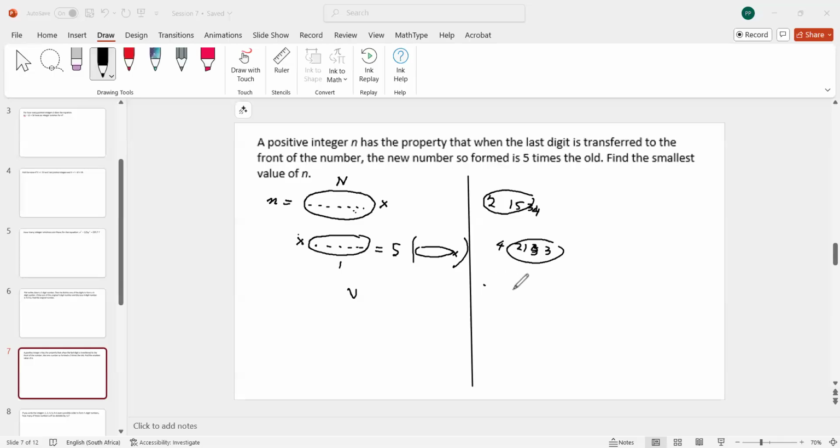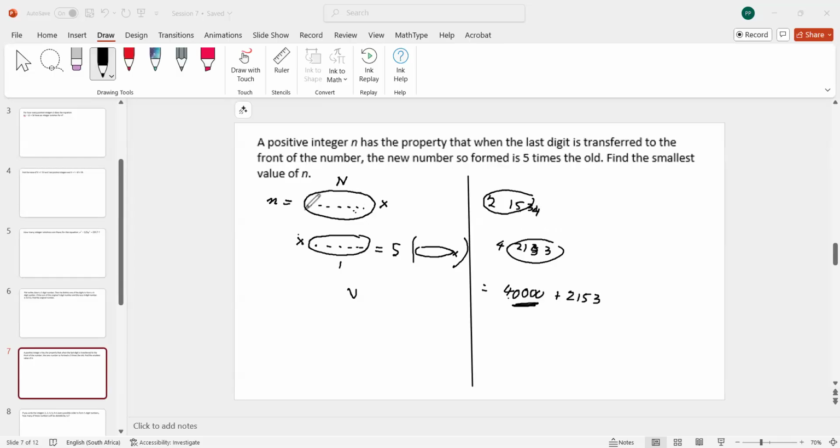This is really 40,000 plus 2153. So it's 4 times a number of zeros, but the number of zeros here depends on the number of digits your n has got.